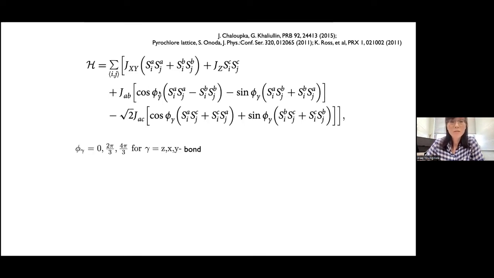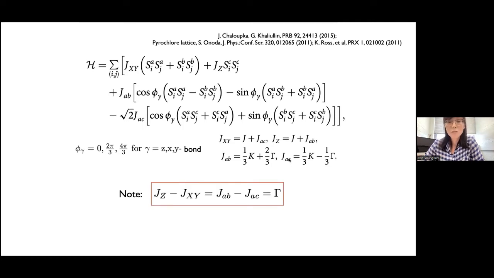So here phi, the gamma, is the one that will generate the bond dependence. Depending on the ZXY bond, you have to take different angles. And of course, these are just the same model, and I just write them in terms of different coordinates. Therefore, JXY, JZ, and JAB, JAC should be related by J, K, gamma. And that's the relation between them through the linear transformation.